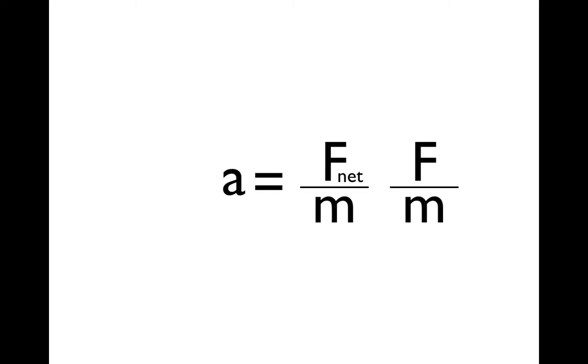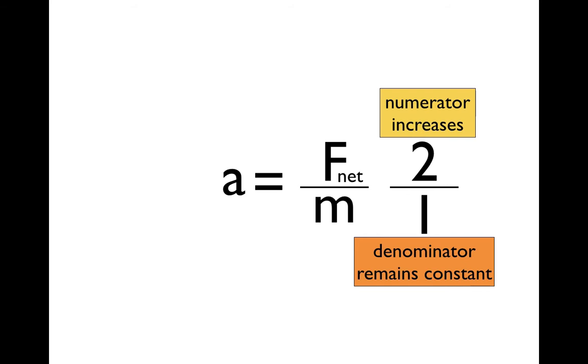So before I conclude this video, I want to show you from a mathematical perspective how this ratio of force over mass works out. If I take my force over mass ratio and put it in mathematical terms at 1 over 1, notice in my numerator position, what happens when the number increases?